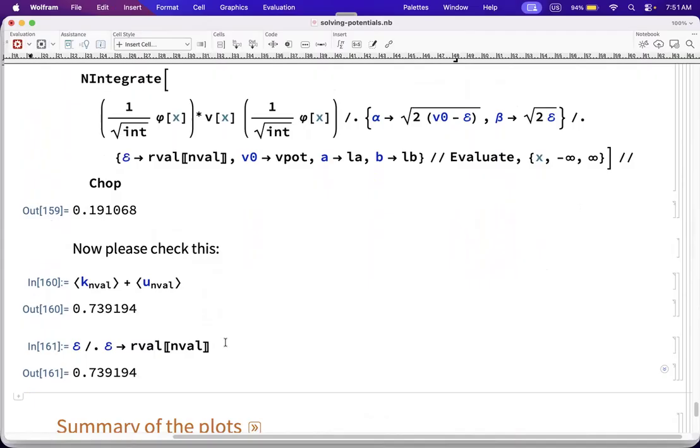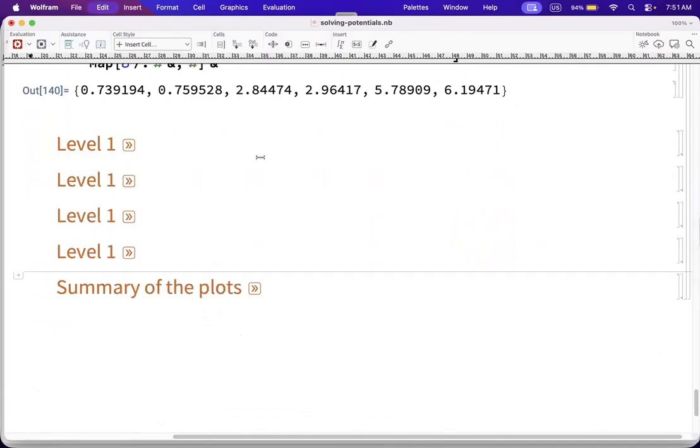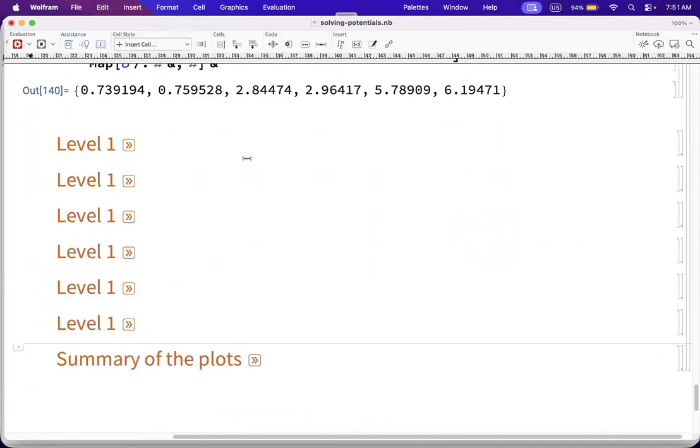Let's go ahead, please. Now we have level 1. We have to do 6 cases. I'm going to make 1, 2, 3, 4 pieces. I'm going to change this to 2, 3, 4, 5, and 6.